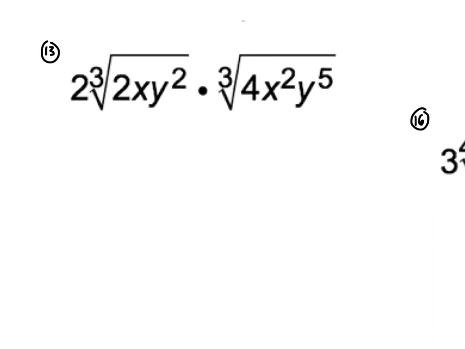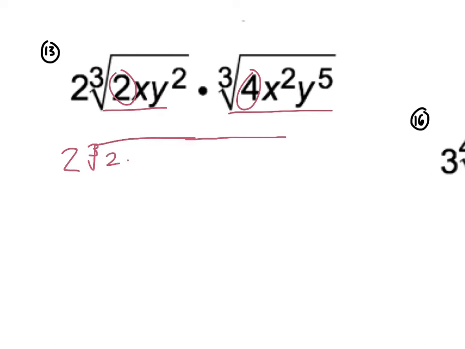So we have 2 times the cubed root of 2xy squared and the cubed root of 4x squared y to the 5th. So this 2 on the outside just stays there because that's our coefficient. And then we're going to have the cubed root, and I'm going to combine the insides together. But I'm going to break the numbers down. So 2 is just a 2. 4 breaks down into 2 and 2.